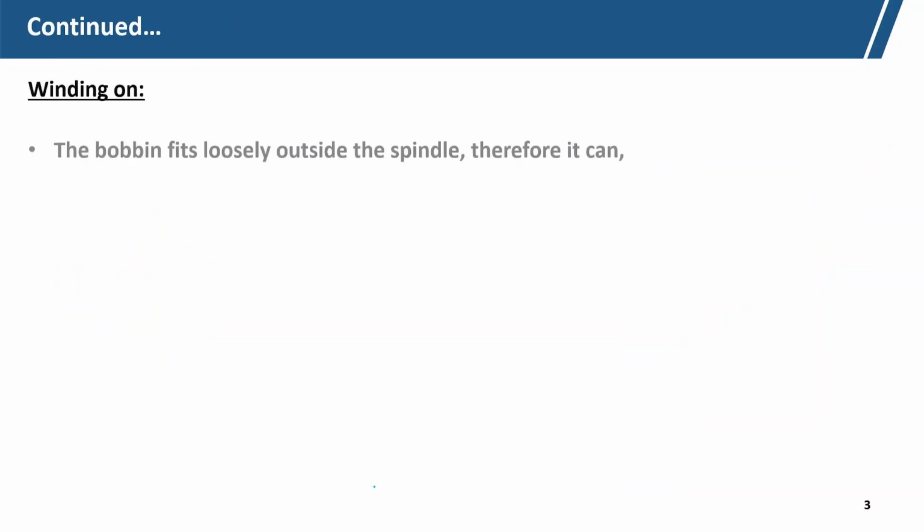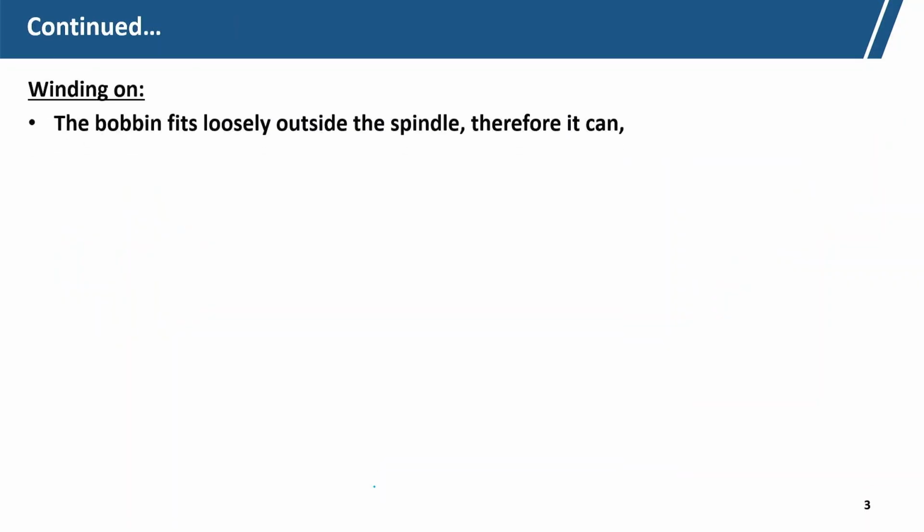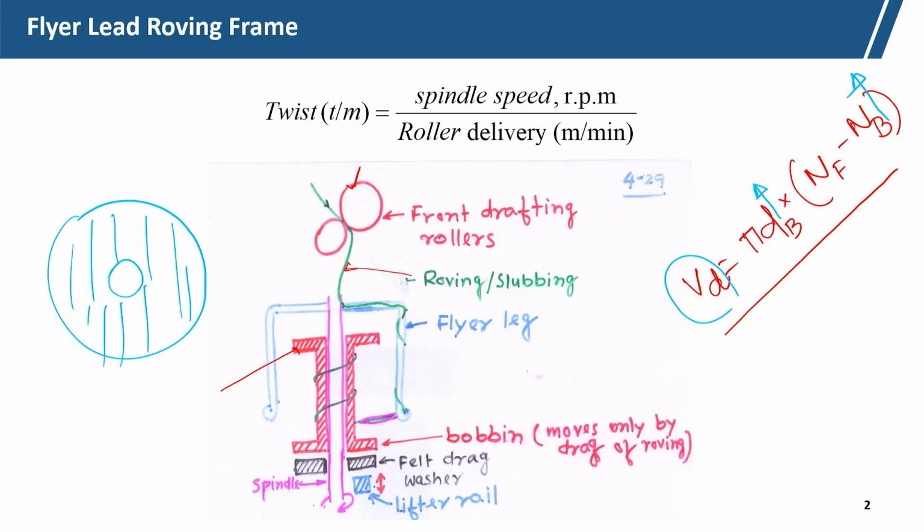Now, so winding on, the bobbin fits loosely outside the spindle. You can see the bobbin does not have any other motion; it only fits loosely outside the spindle, and it is placed on a felt drag washer.